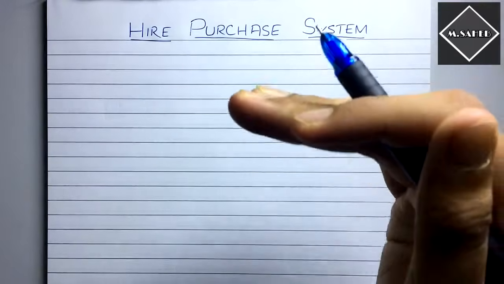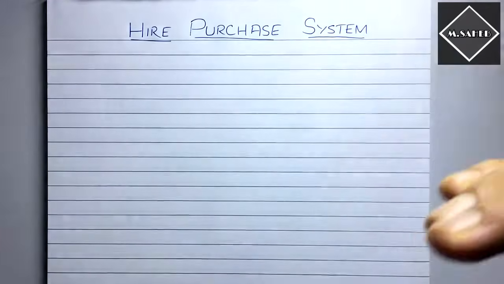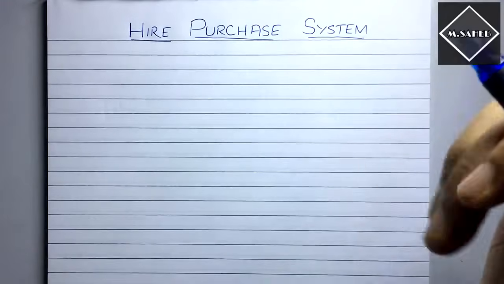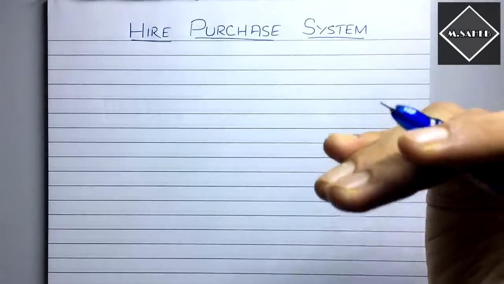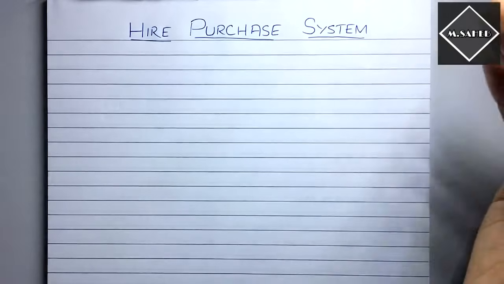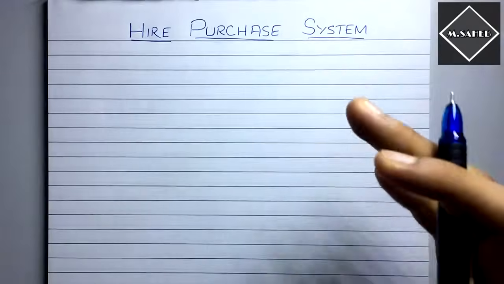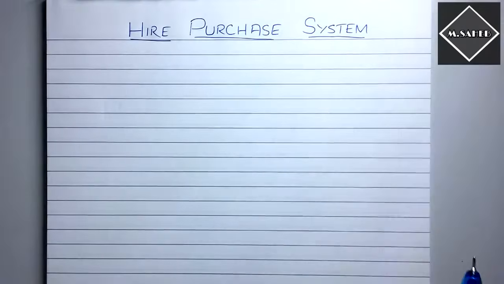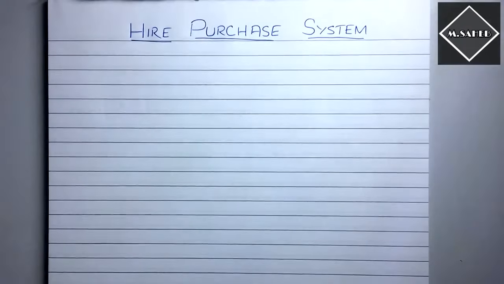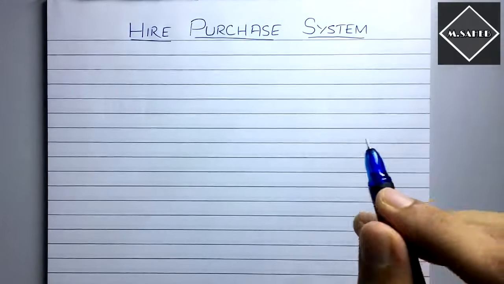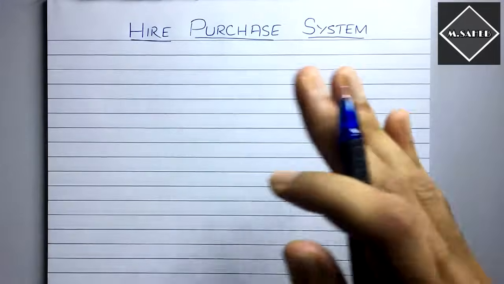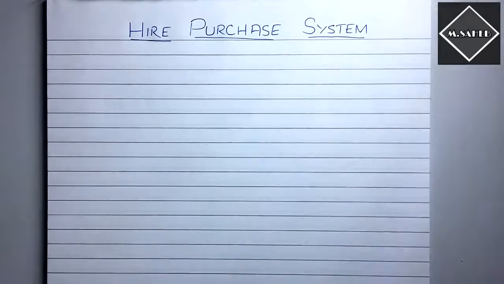In this system you can purchase the asset and pay the money by way of installments, and you will immediately get the possession of the item, but you would not get the ownership. After payment of all the installments, you would get the ownership of the item.